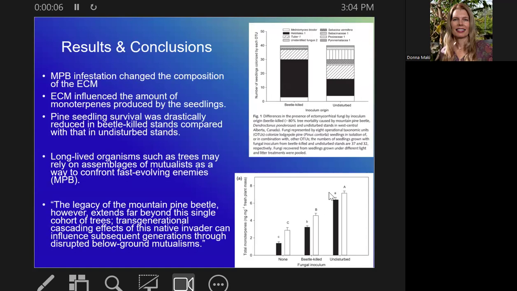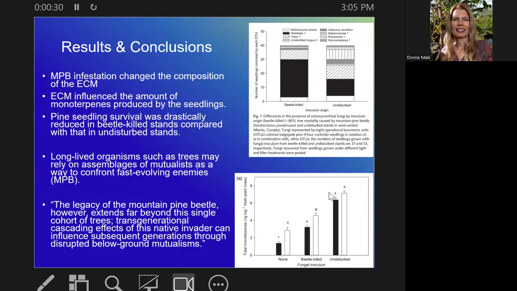Okay, so Samard's group was collecting some good data showing that the presence of the beetle infestation was causing effects into the next generation of Douglas fir seedlings, and she was focused on what's going on underground.